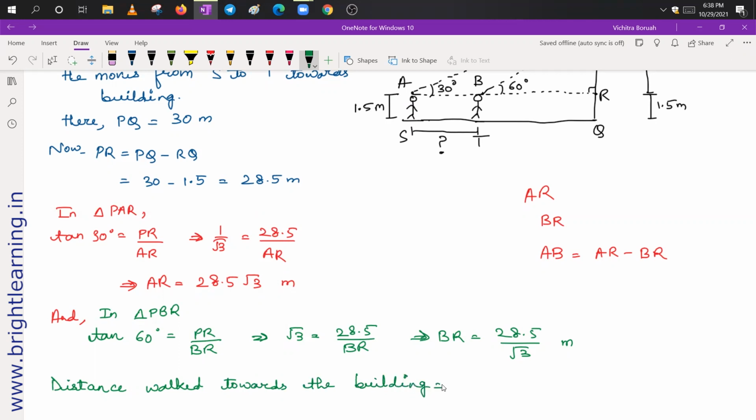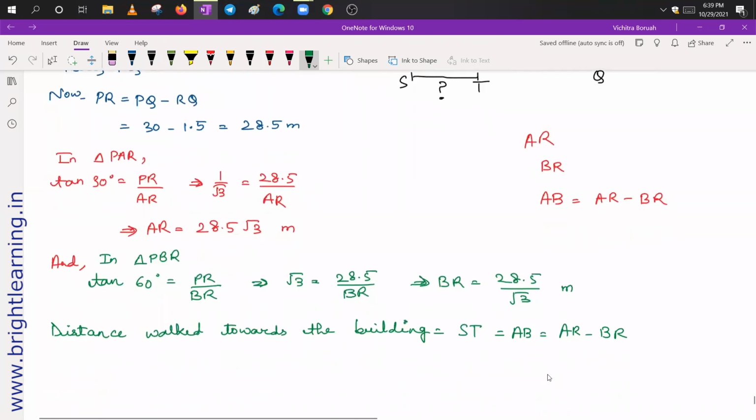So distance walked towards the building is equal to this distance, that is ST. Now ST distance is equal to this AB distance. Okay, ST is equal to AB, and AB is equal to AR minus BR. Now just put the values here. AR you got 28.5 root 3, and BR you got 28.5 upon root 3.